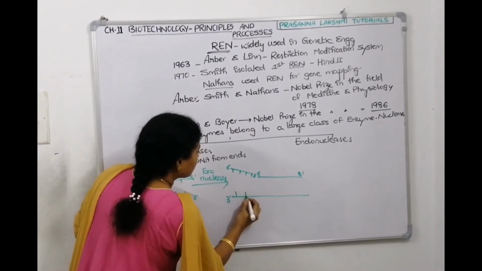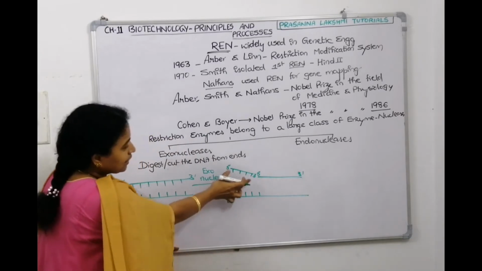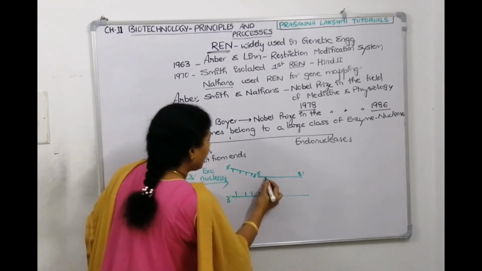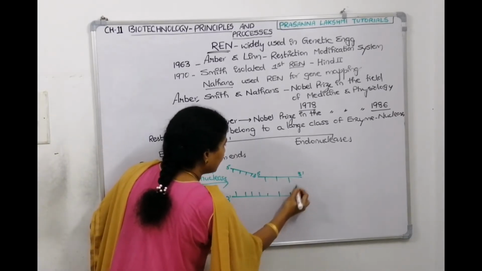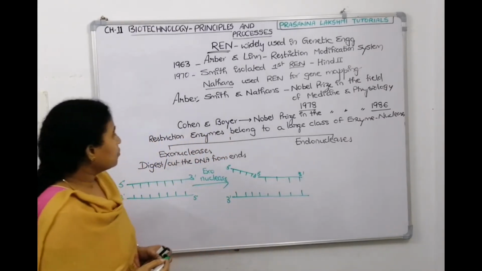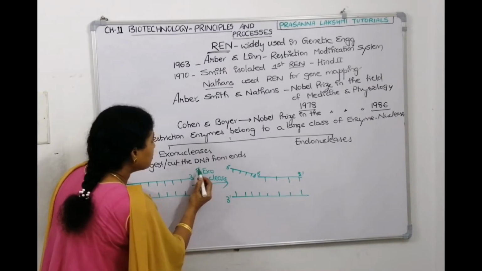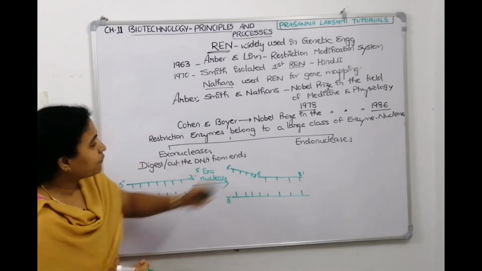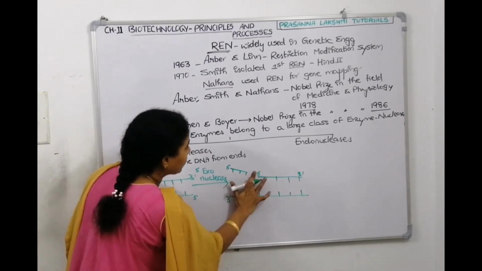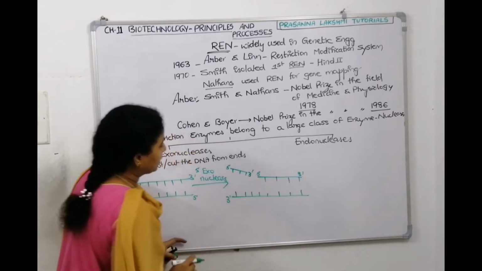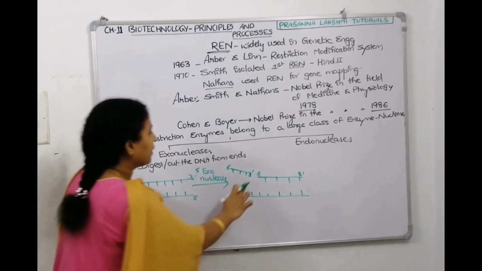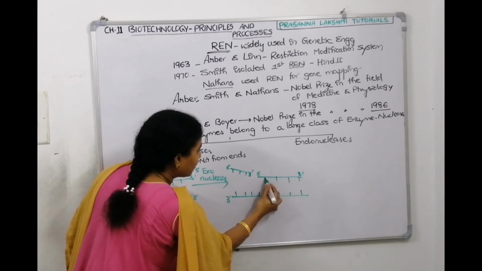These bases are exposed because it has removed this much of the DNA and these are still intact. This is a 5' exonuclease, which digested the DNA from the 5' end. To make it clearer, in a small fragment like this, these three got removed and this is still intact.